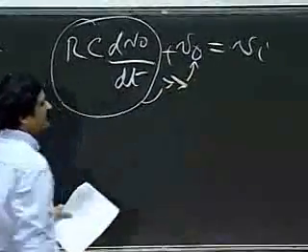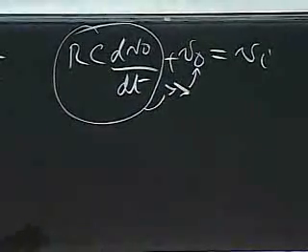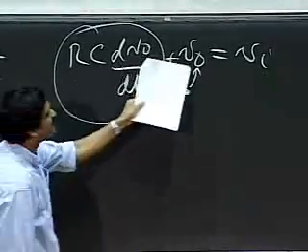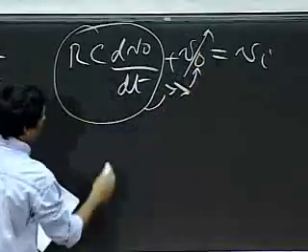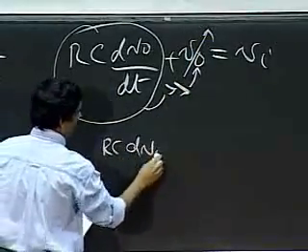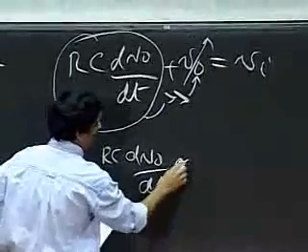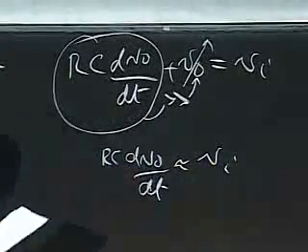is much bigger than that term, then I can ignore that term and write down RC dV naught by dt more or less equal to VI.